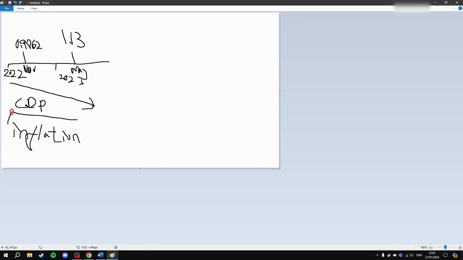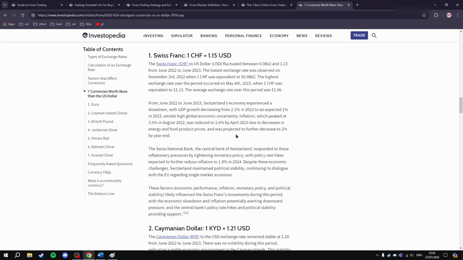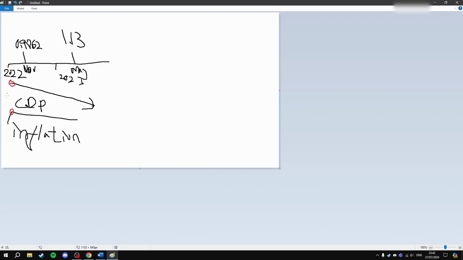So with the peak of inflation and then also the decrease in GDP, this would cause the currency to, when did it peak at 3.5%? August. So August, November, that's 3 months away. So inflation peaks in August, GDP decreases.